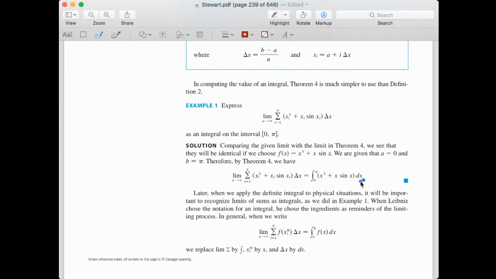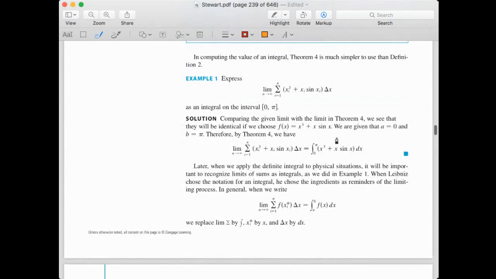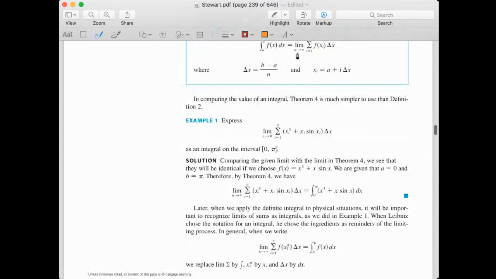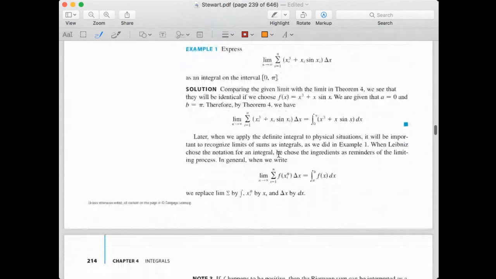So basically a limit is like a bridge. You build a bridge from the finite world to the infinite world. Just make sure you understand what's behind this definition and this theorem.